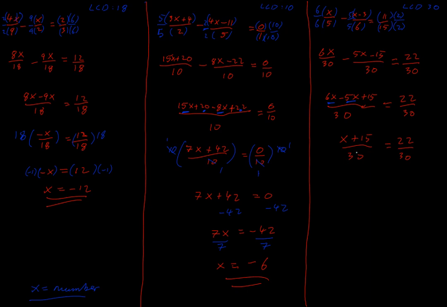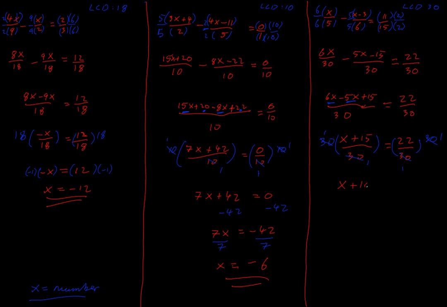And I can multiply both sides of my equation by my lowest common denominator of 30. And that's going to get rid of my fractions, because 30 divides into 30 once. You don't need to write this in if you don't feel it useful, but we are using the fact that we can make both sides of our equation 30 times bigger, and that's going to get rid of our fraction.